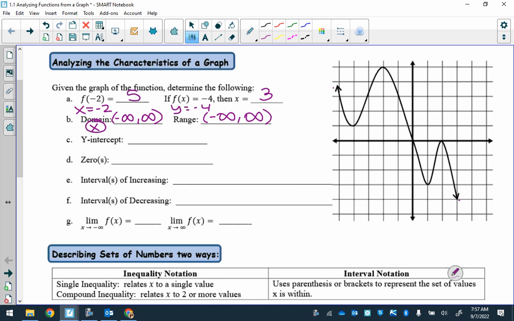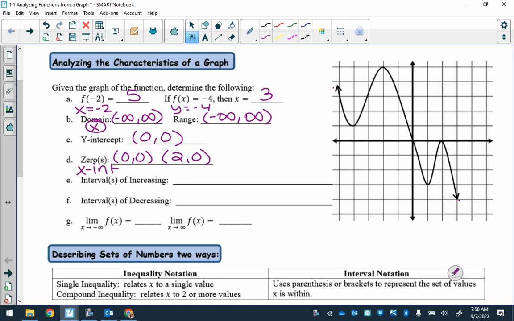All right, where's the y-intercept? Let's see. Allie, go ahead. 0, 0, good. And what are the zeros? What's another name for zeros? Right. Good. 0, 0. Excellent. X-intercepts. Okay, 0 is the same thing as x-intercepts.